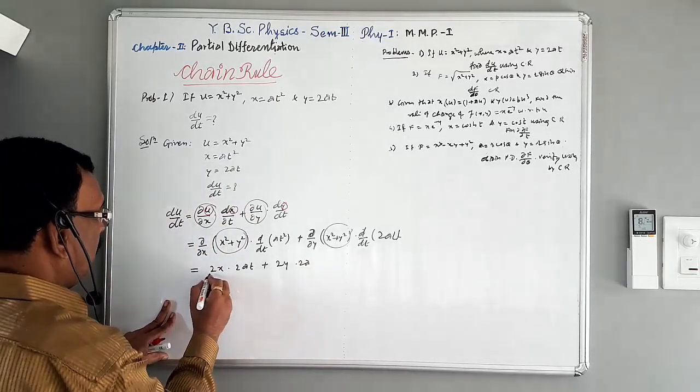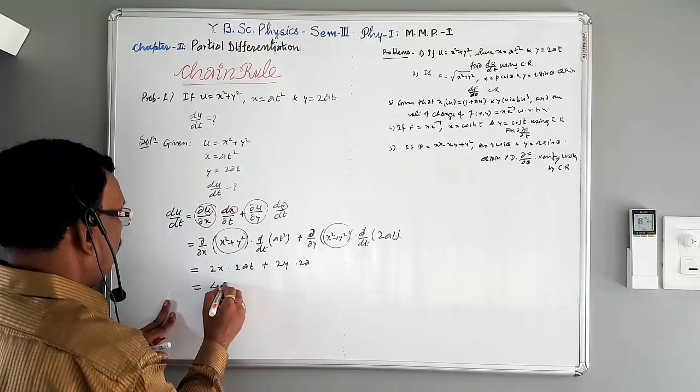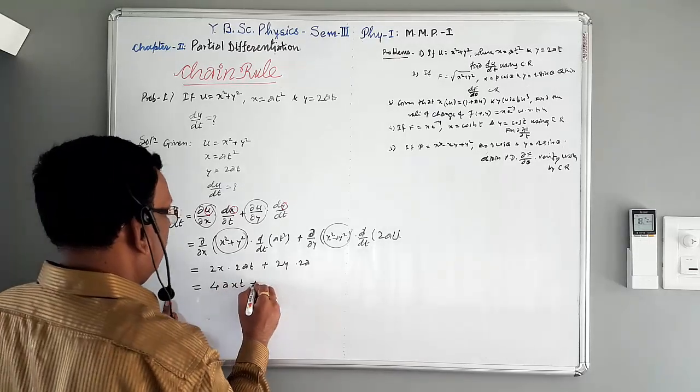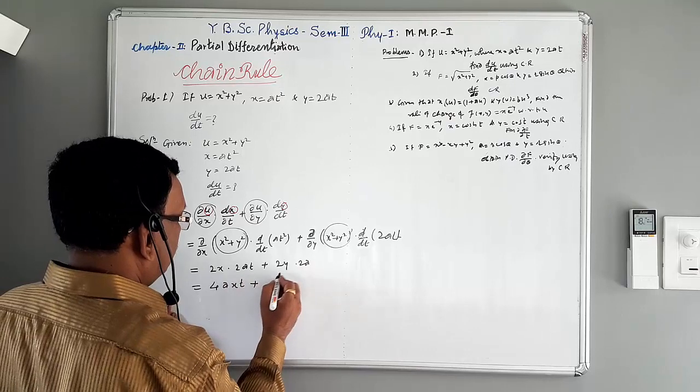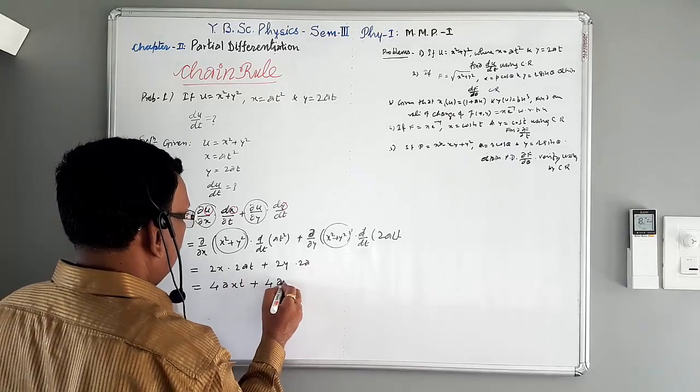Therefore, we can write 2 into 2, 4a x t, plus 2 into 2, 4a y.